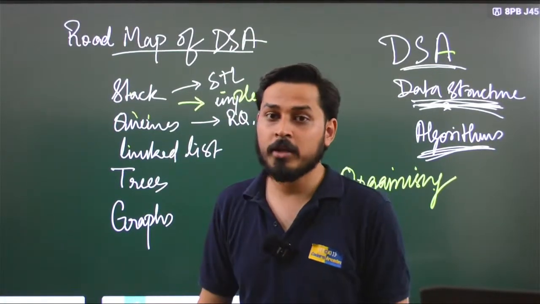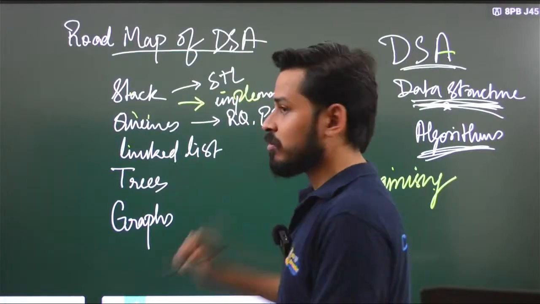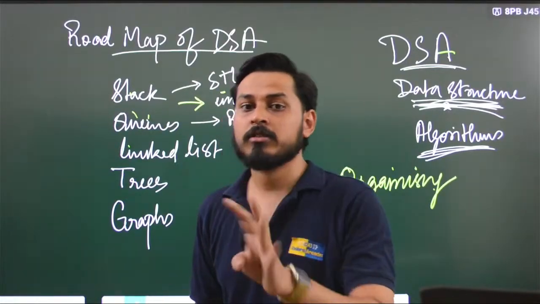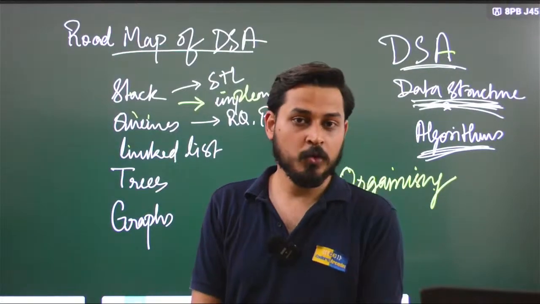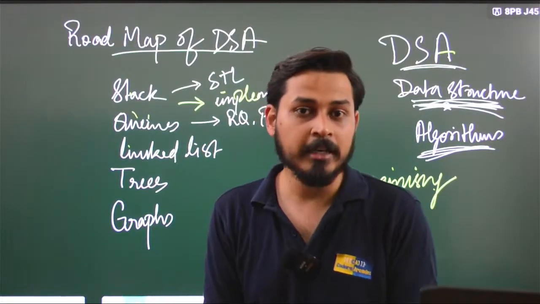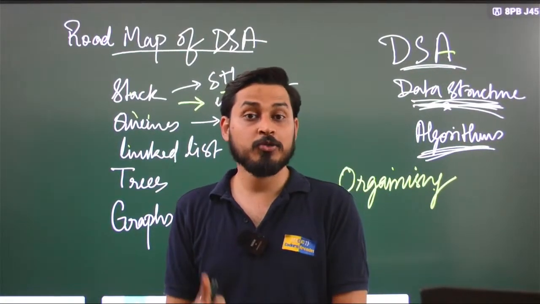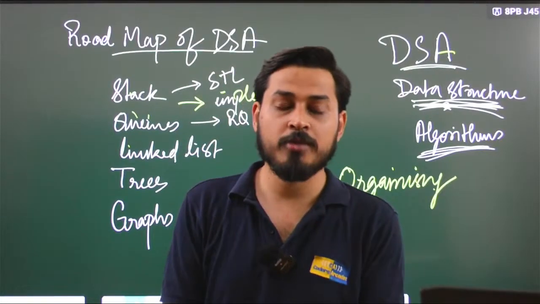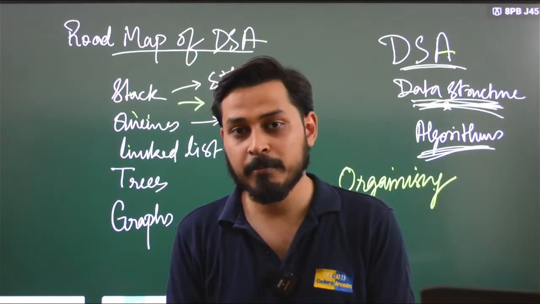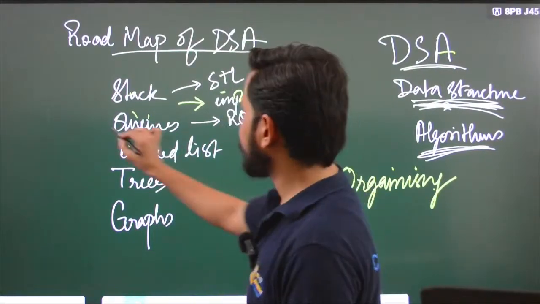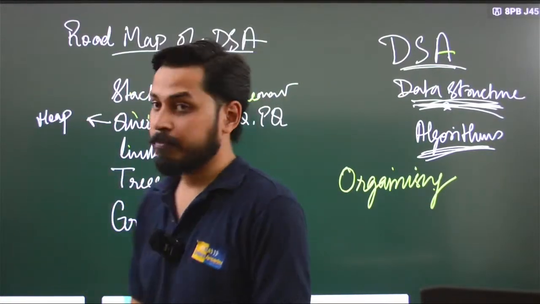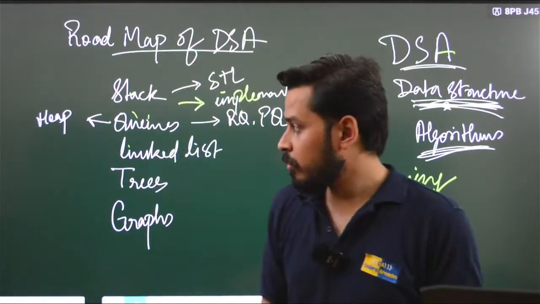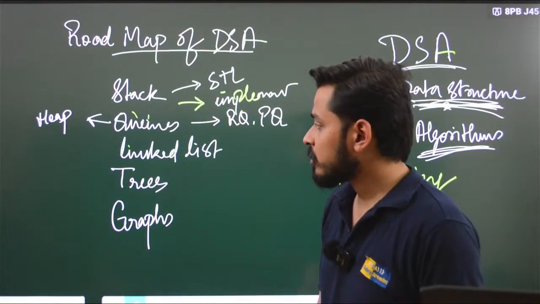In priority queues, we have 4 implementations. We can implement a priority queue using an array, using a linked list, using a tree, a binary search tree, or using a heap. Here we will talk about the heap data structure also. So we will understand all those things.